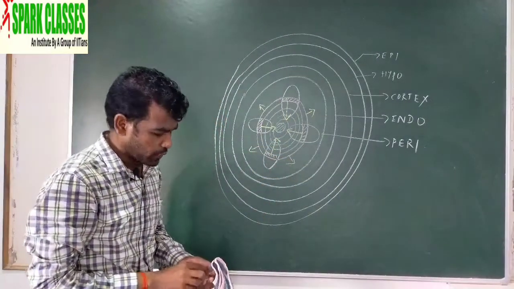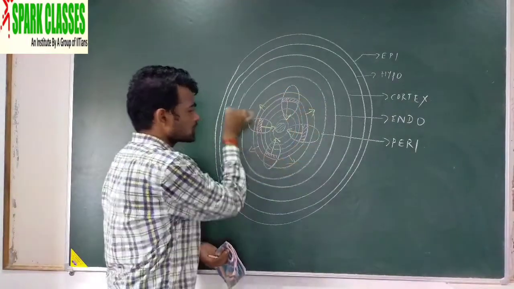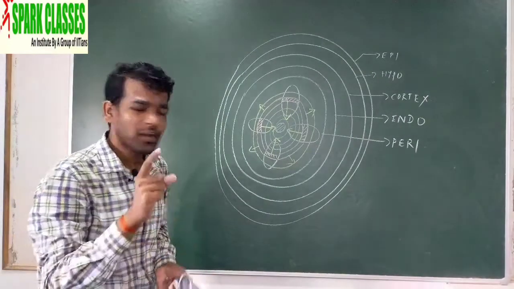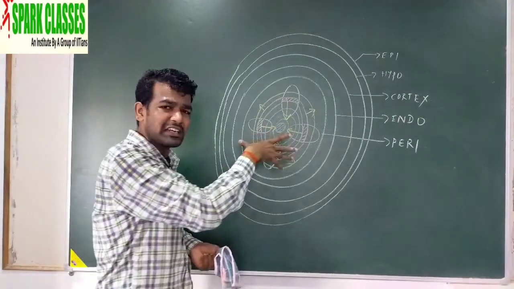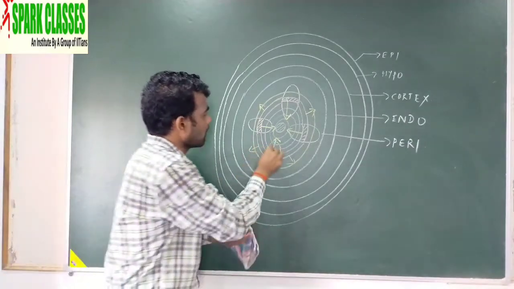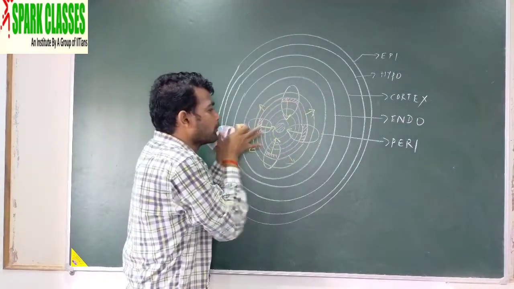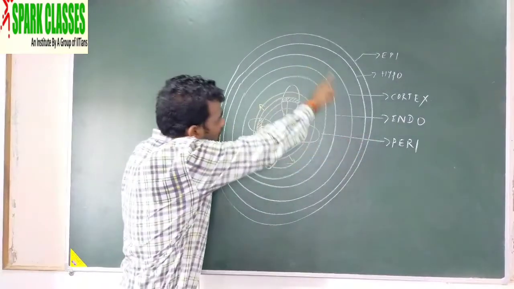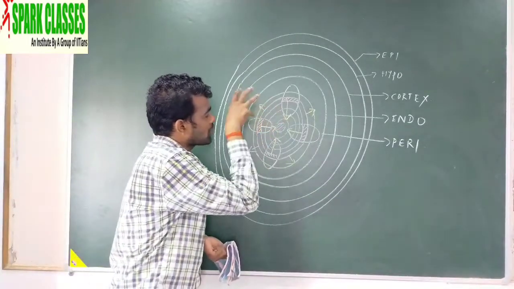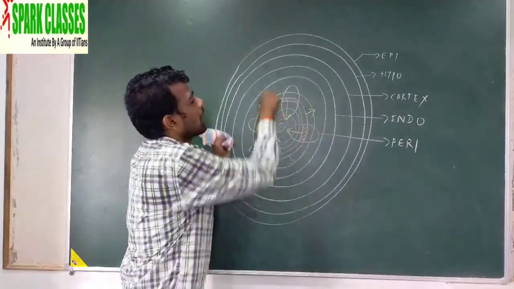So that's why we can say more circular rings are produced. And when the number of rings increases, the diameter of the plant will increase. Definitely, when the number of rings increases inside as well as outside, it will push the outer layers covering them, as it is produced almost at the center.